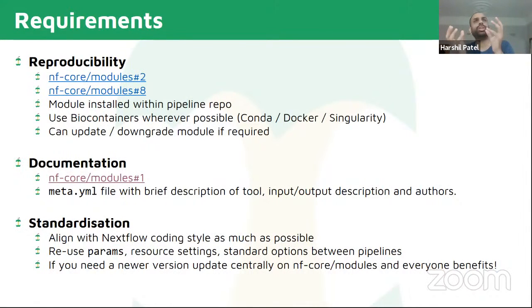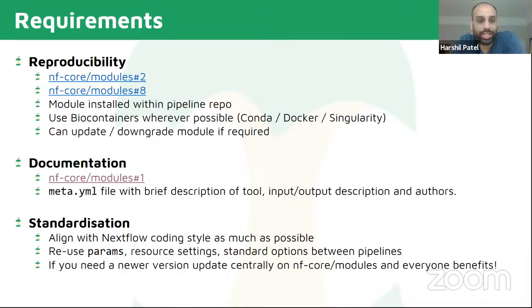You can have a version of SAMtools using version 1.10, or you can have one using 1.11. It's completely up to you how you manage that. And in order to fulfill that sort of criteria, we'd need to have them be as flexible as possible.